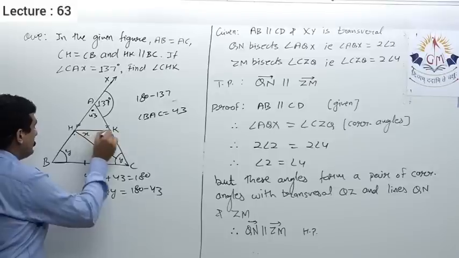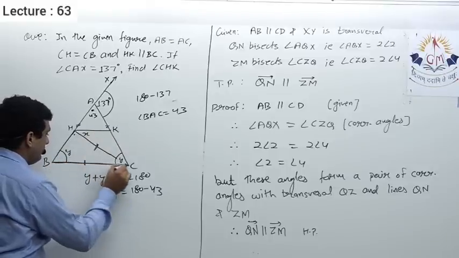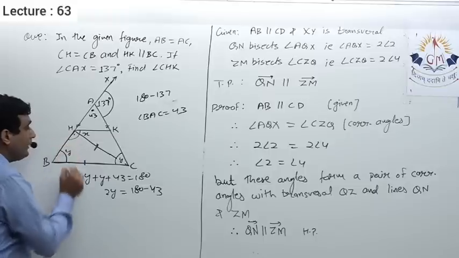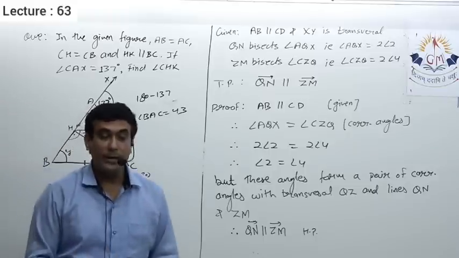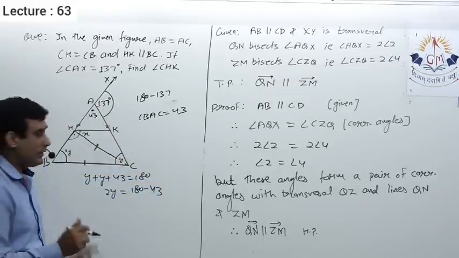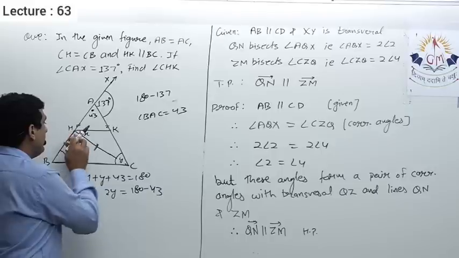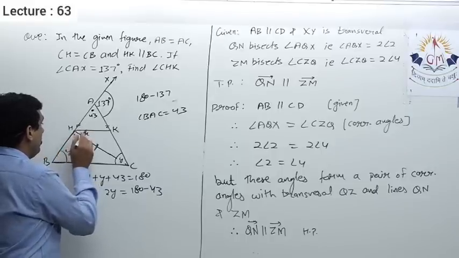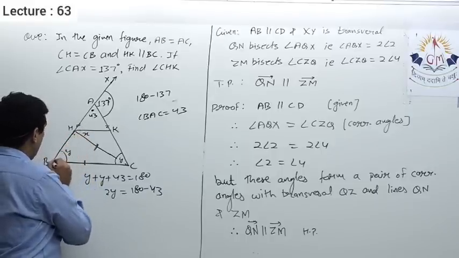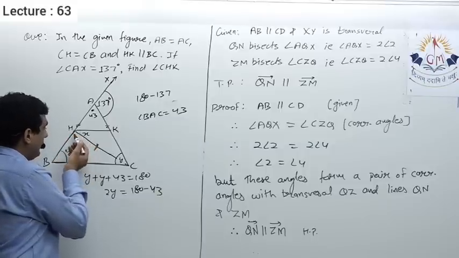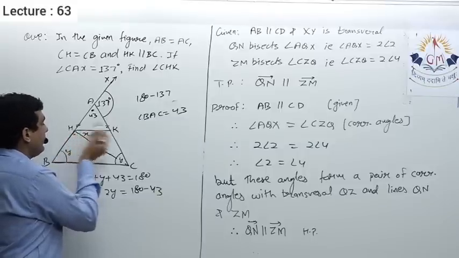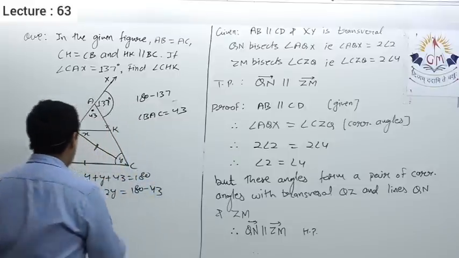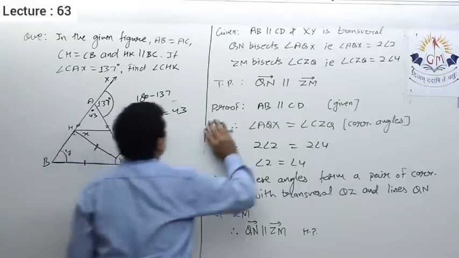Now it is given HK parallel to BC, so these two angles are allied angles, or co-interior angles on the same side, and their sum will be 180. So Y plus X is equal to 180. This gives me the measure of X. So now let us see its detailed solution.